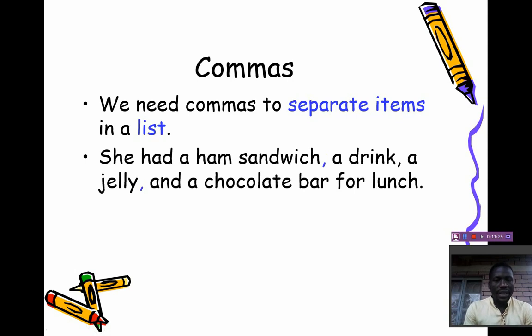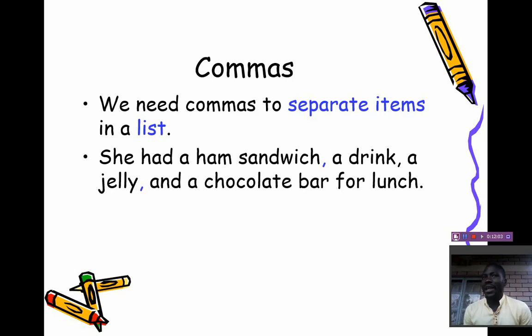For example: she had a ham sandwich, a drink, a jelly, and a chocolate bar for lunch. You see? I said more than 2 things. This lady had a sandwich, a drink, a jelly, and a chocolate. The last thing you end with is where you put 'and'. You can't say she had a ham sandwich, comma, a drink, comma, a jelly, comma, a chocolate bar.